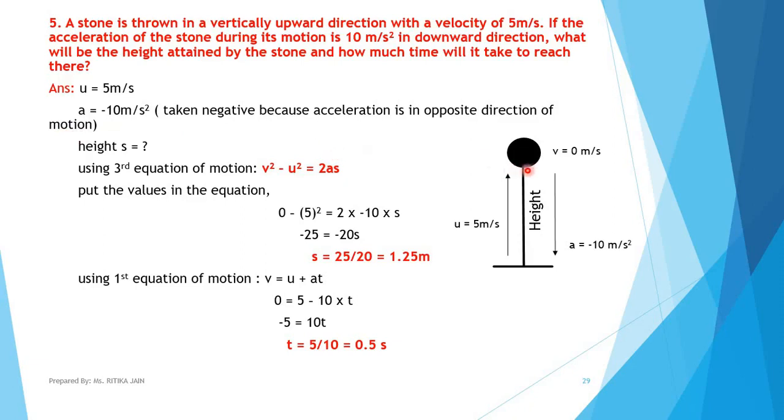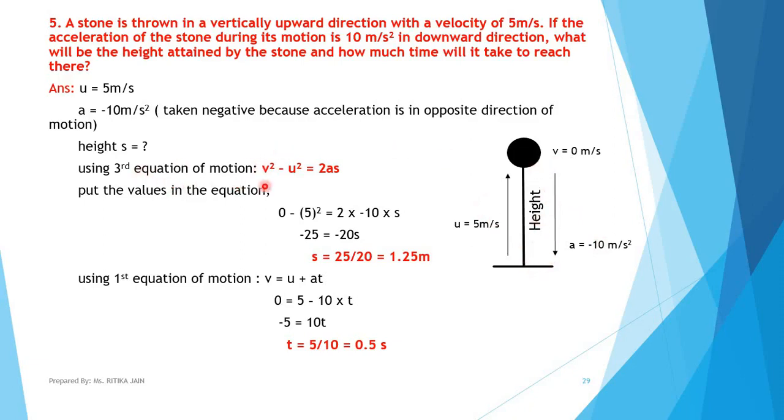One more thing: after attaining a particular height, the final velocity of the stone will become 0 because now the stone is at rest and then it falls again to the earth. Clear? So what are the values which we have got? u, acceleration with minus sign, and v, that is 0. We have to calculate the height obtained by the stone.